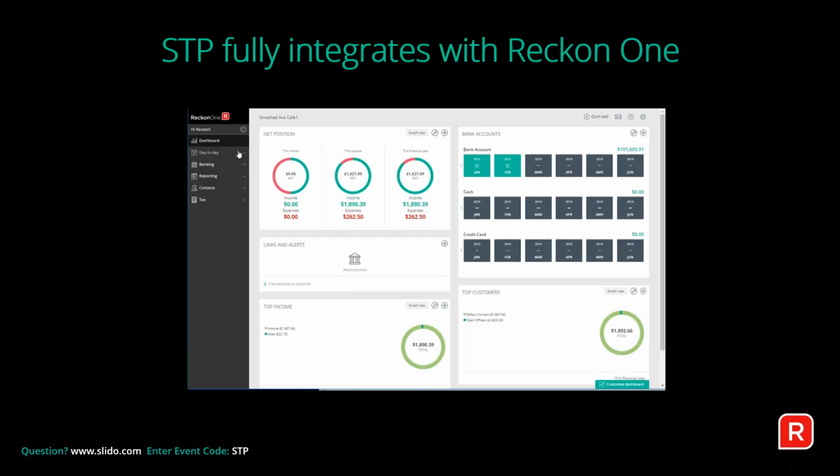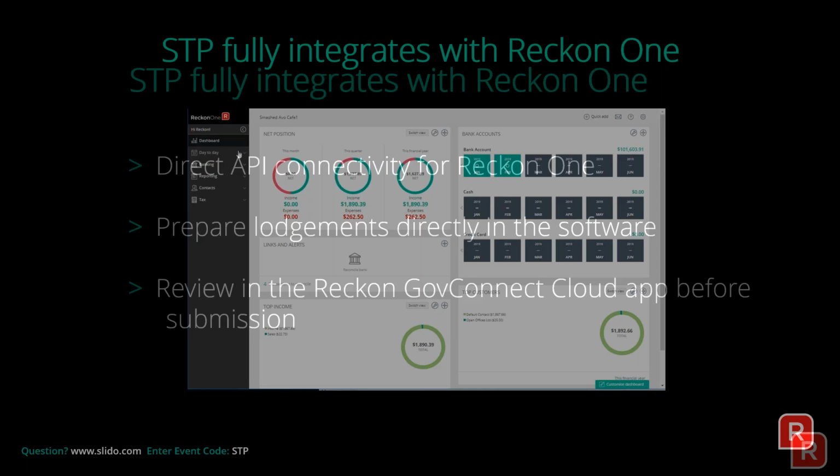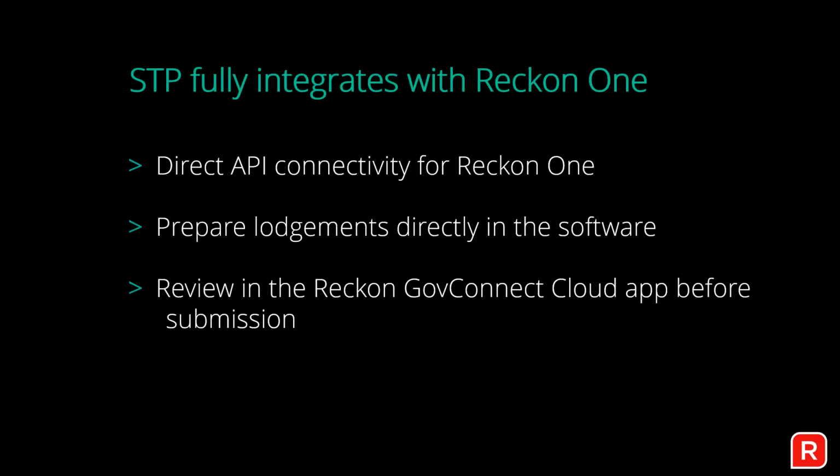So for Reckon One, it's actually quite an easy process. With Reckon One, everything's online. When you're doing STP, it's a direct connectivity for Reckon One, and you can review in Reckon GovConnect before submitting.